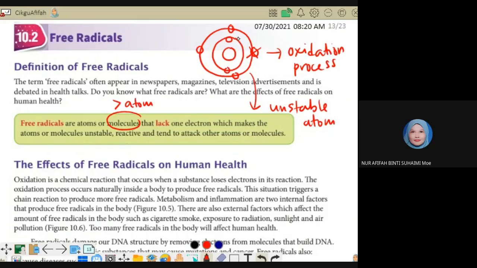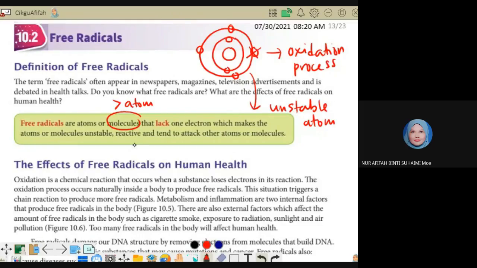Okay, so this unstable atom, that we call free radical, will attack other atoms or molecules to produce another free radicals. So these free radicals are very dangerous. It is harmful to our health. It will cause a chain reaction and attack another atom or molecule to release another free radicals.